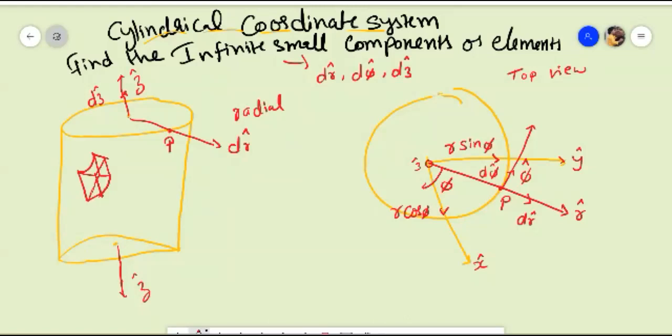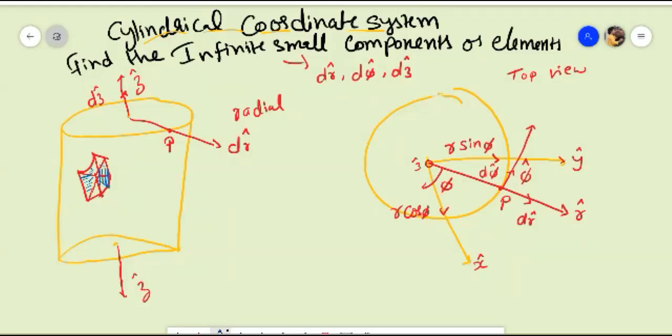Let me shade this portion. This is one of the faces, and this is the parallel face.